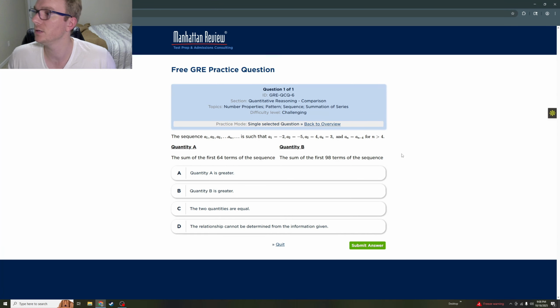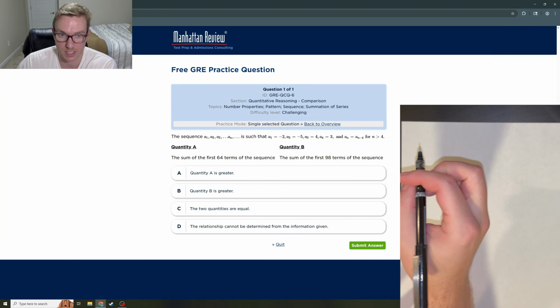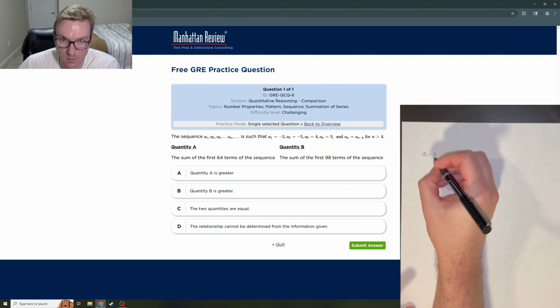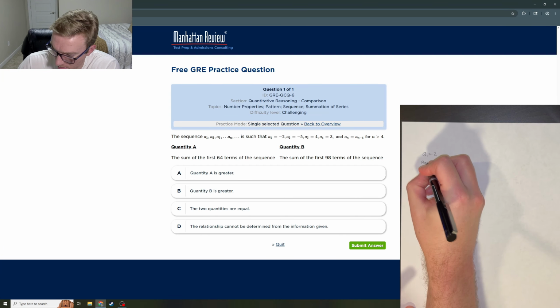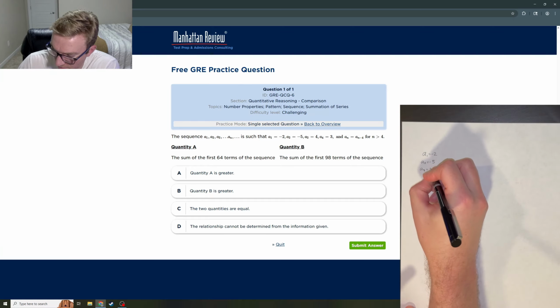This one visually is kind of intimidating, but we're going to work out a pattern here. So A1, A2, A3, all the way to AN. They give us the first ones. A1 is minus 2. A2 is minus 5. A3 is 4.